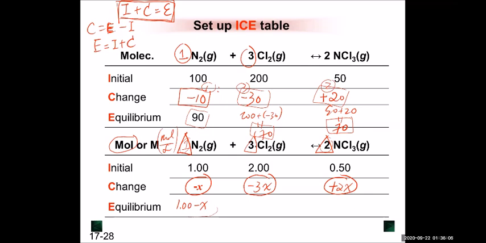The same with the chlorine gas: we start with 2.00, the change is negative 3x, so minus 3x, and that will be the equilibrium amount for chlorine.